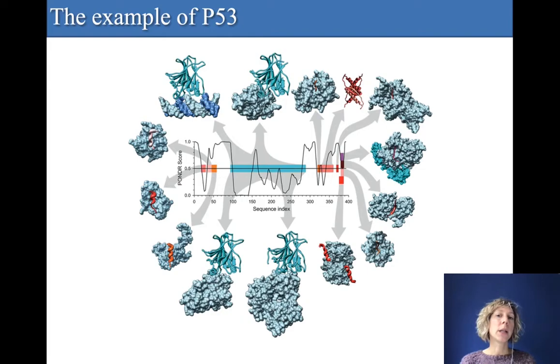What is also interesting is on the far right, you have these colored squares that are on top of each other. These correspond to different partners binding really to the same position. And when you look at the structure, you can see that this segment has different conformations depending on the partner. So it's not only that it folds upon binding, but it also can fold in different conformations depending on the partner. Here I think you really see the complexity that you can have, and it's a huge complexity.